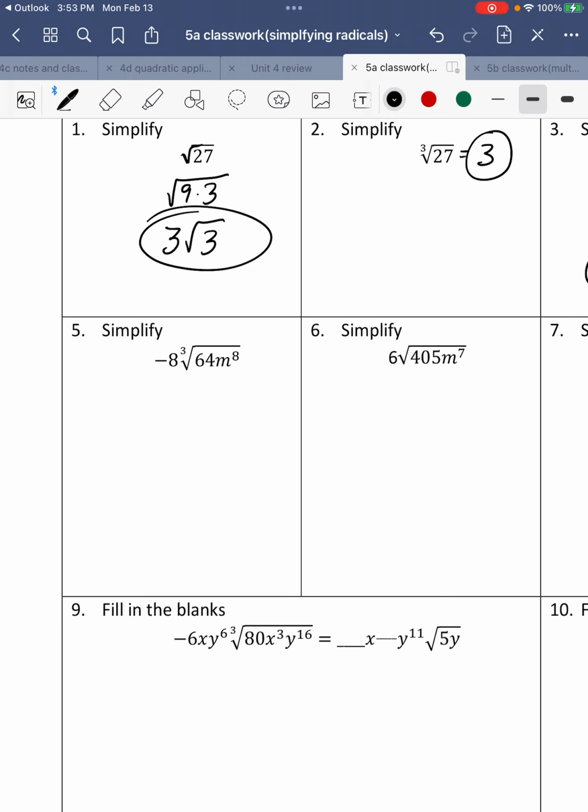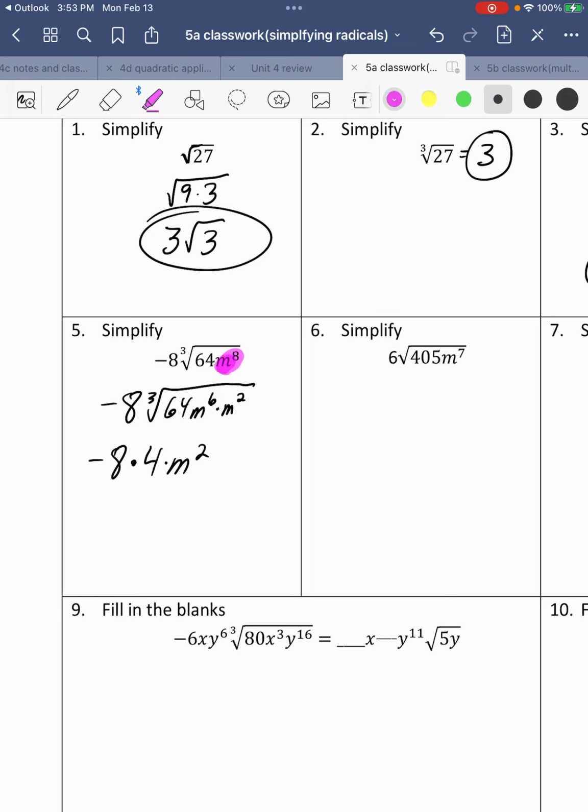Number 5, we have a cube root. Cube root of 64 is a perfect cube, so that's 4. And then m to the 8th is not. Let me break it up. We have m to the 6th and m squared. So we have negative 8 on the outside. Cube root of 64 is 4. Cube root of m to the 6th is m squared. Now, you might not be accustomed to seeing it that way.